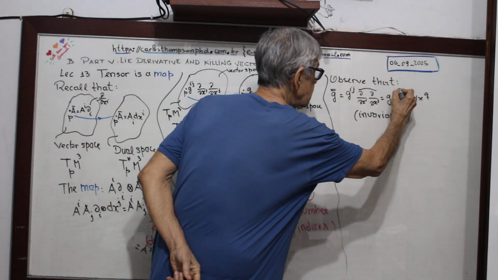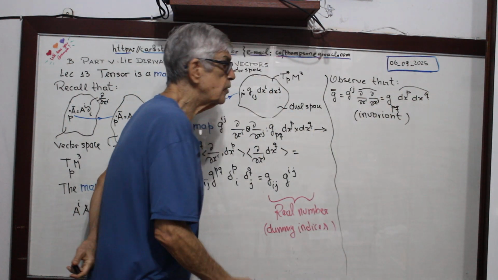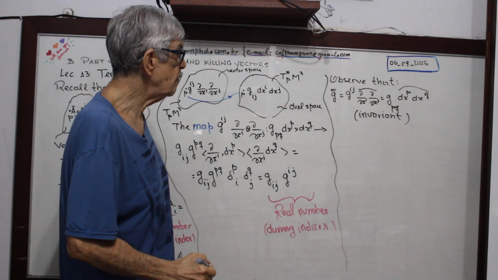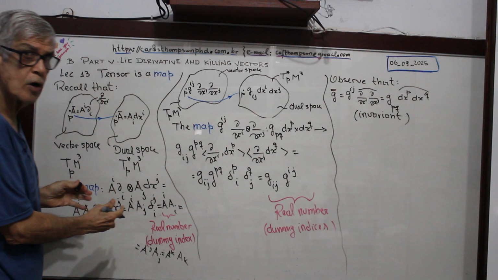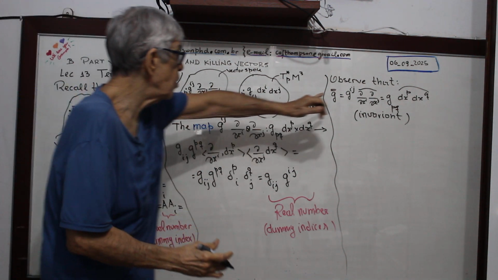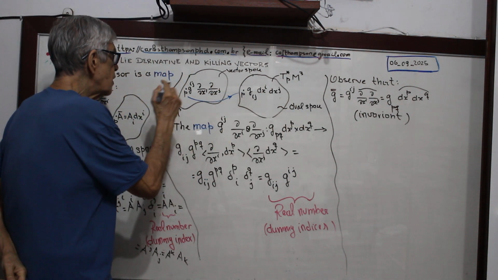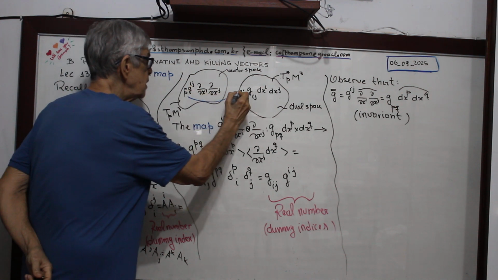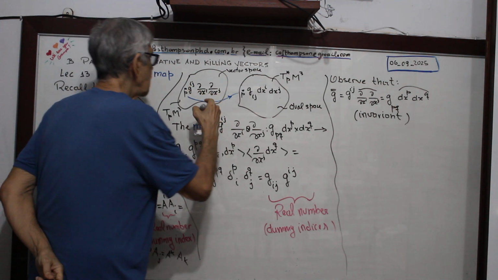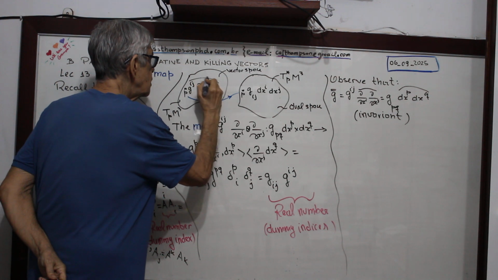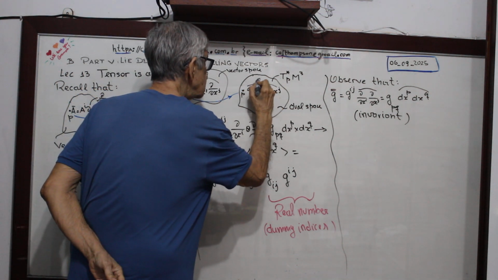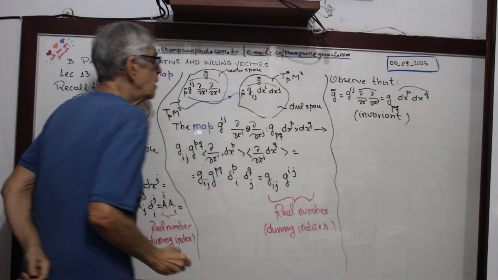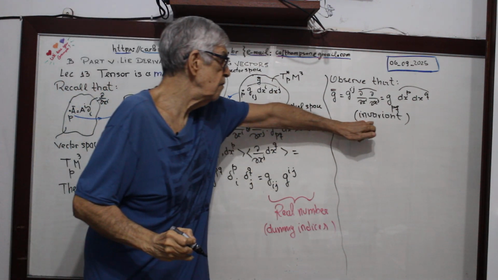This here is the basis of the dual space. It is analogous to what we did for the first order tensor, and this is a second order tensor. So I can write at the same point P, this is G double bar, because it is invariant.